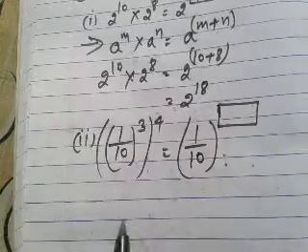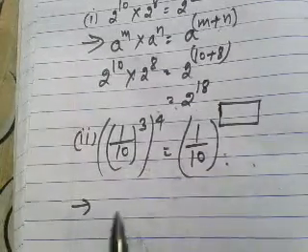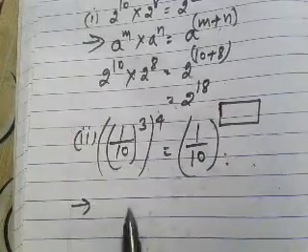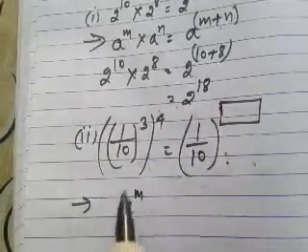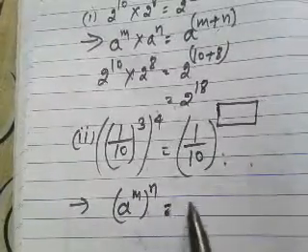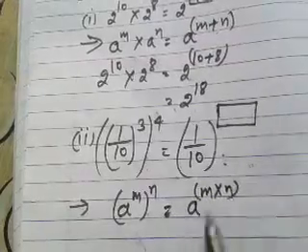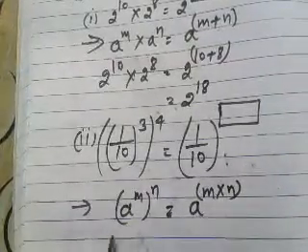So it resembles the second law of exponents, which is a raised to the power m and its power is n. Then the solution will be a raised to the power m multiply n. So what will be the solution?